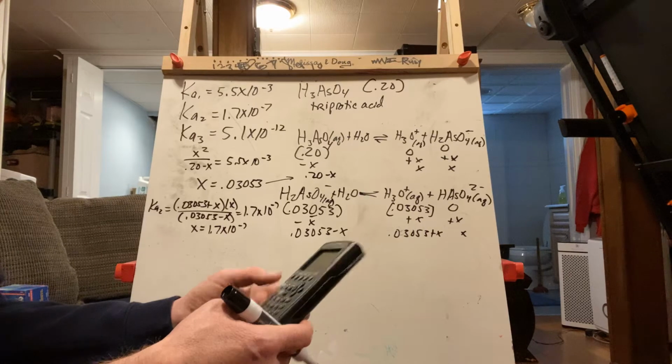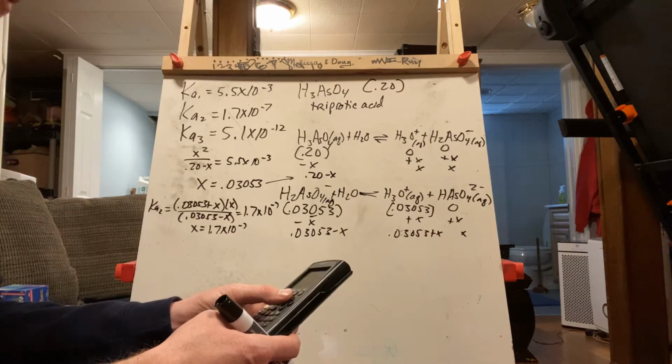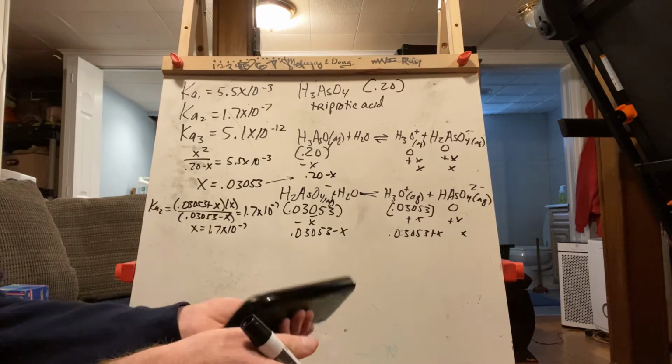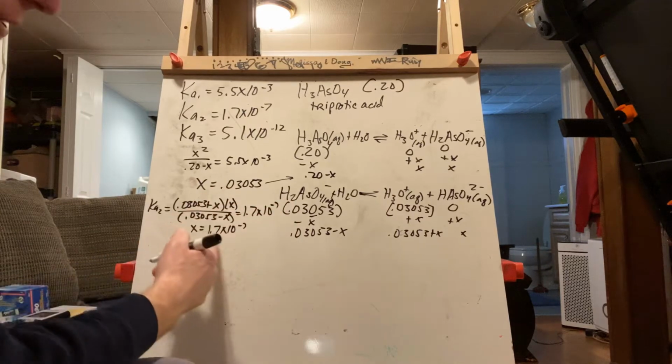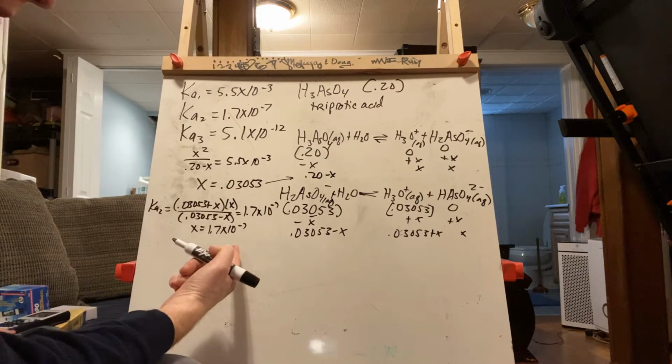And it ends up being 1.69998 times 10 to the negative, yeah, it's going to be so small. So basically, x is going to be 1.7 times 10 to the negative 7th.